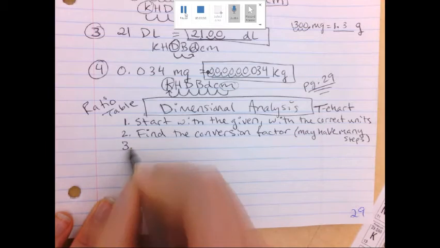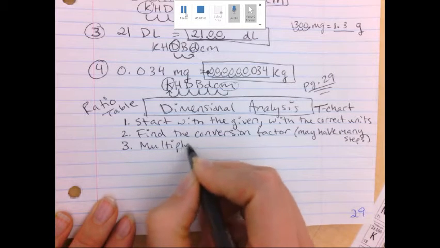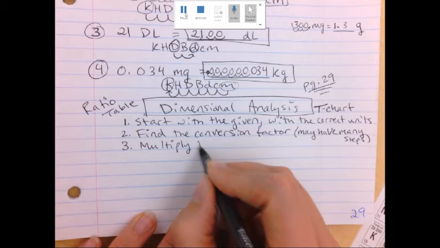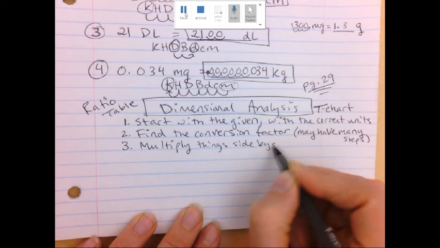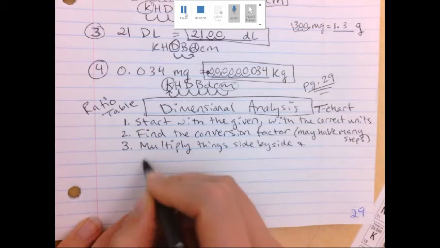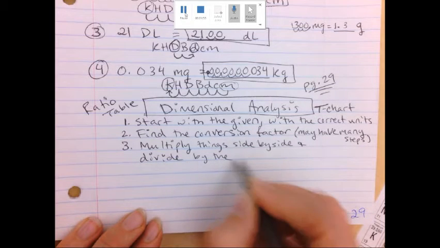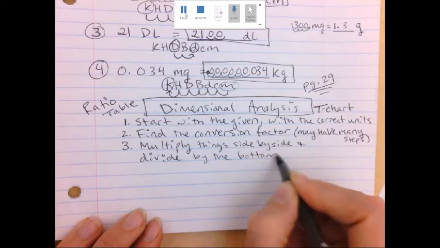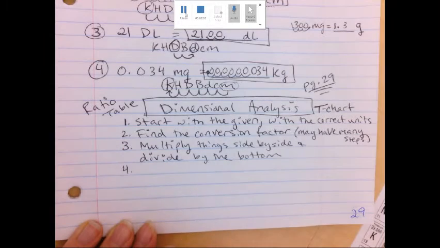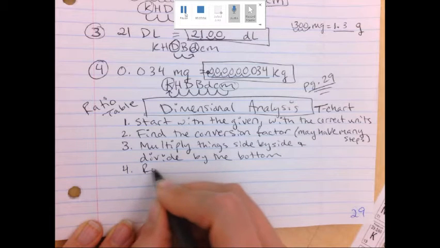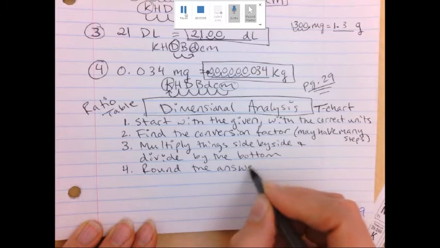Our third step is we're going to multiply everything that is side by side, and divide by the bottom after you multiply it. Our next step after we have our answer is to round the answer to 2 decimal places.